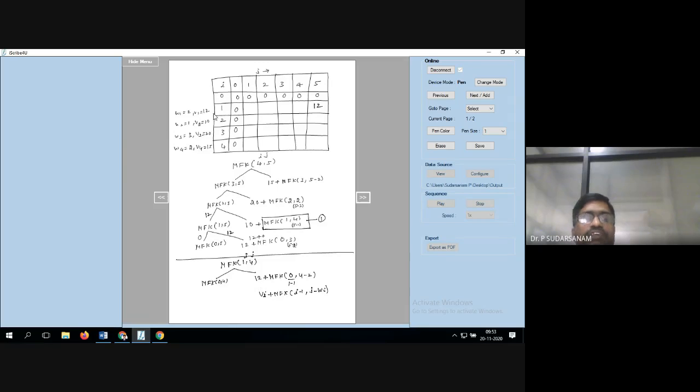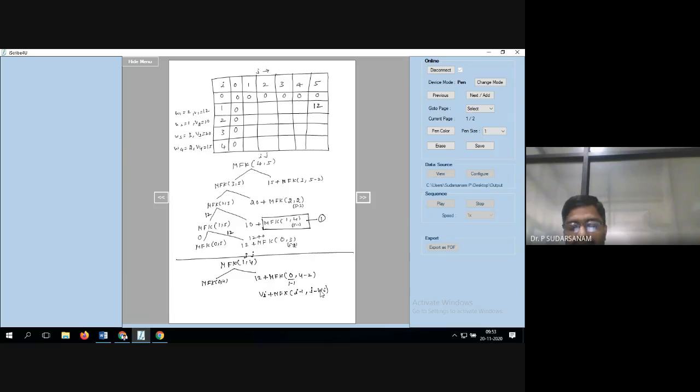V1 is nothing but the table value 12 plus MFK of I minus 1, which is 1 minus 1, 0, comma j is 4. w of I is w1, which is 2. 4 minus 2 is 2.